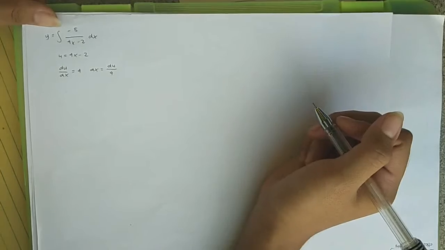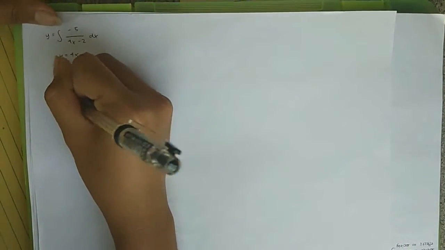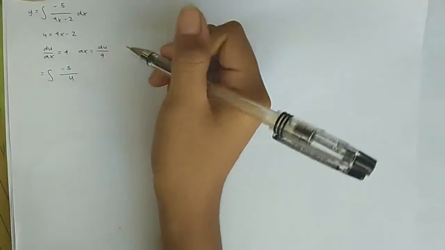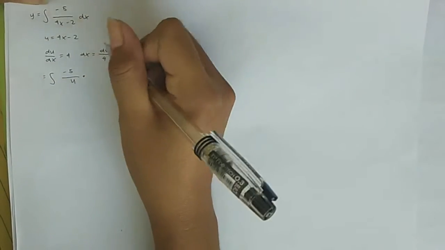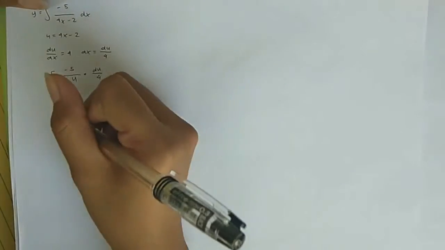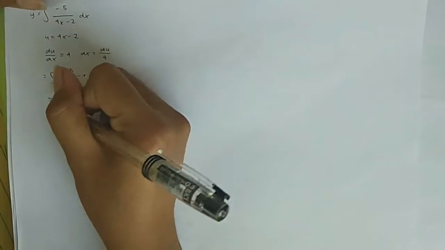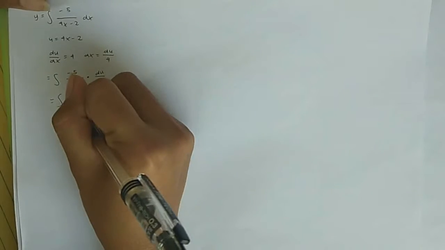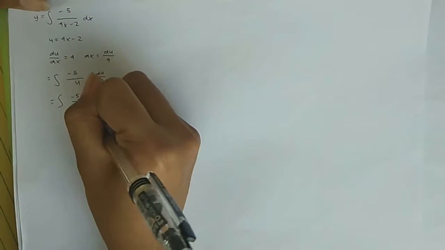So, let's proceed to our problem. Integral of negative 5 over u times dx, du over 4. Now we have the integral of negative 5 du over 4u.